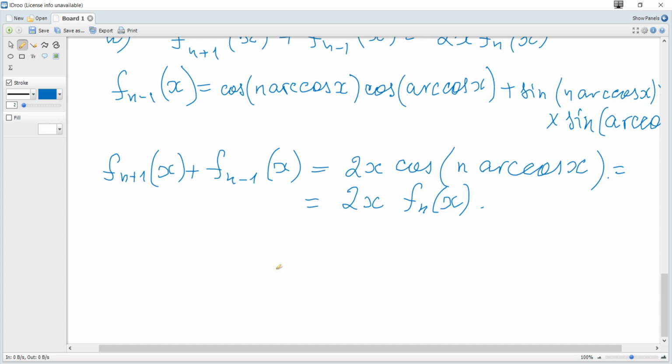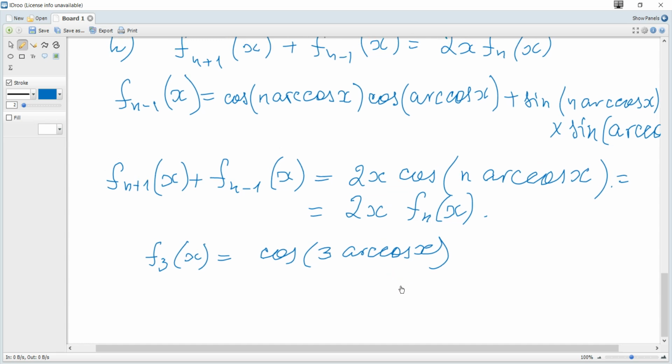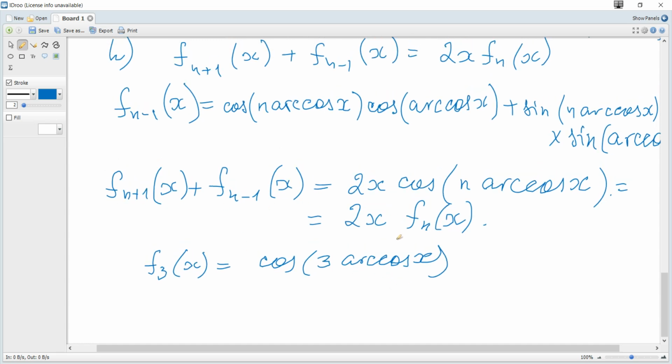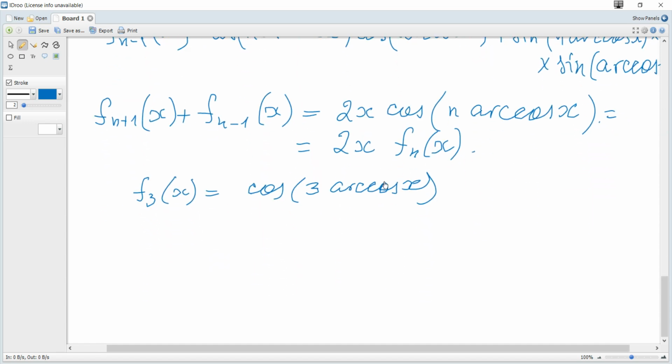And the next part, express f3(x). What is f3? f3(x) is cosine of 3 arccos of x, as a cubic polynomial. It is not indicated directly that we should use the previous result, but definitely we should use it.